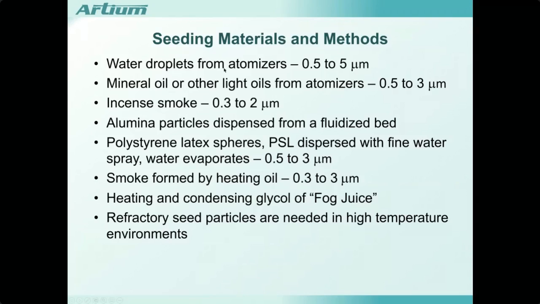The problem with water atomizers, the water evaporates, and so if you have a closed return wind tunnel, for example, humidity will increase, and there's other attendant problems with that.